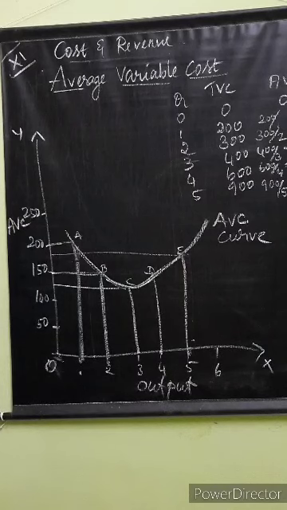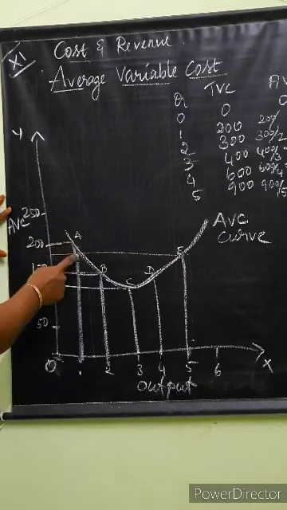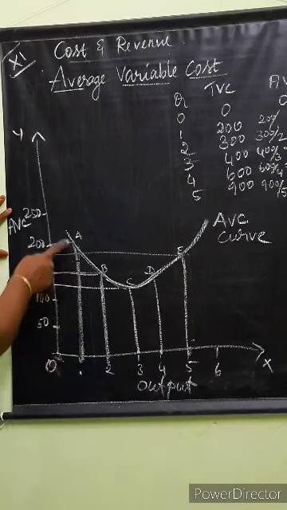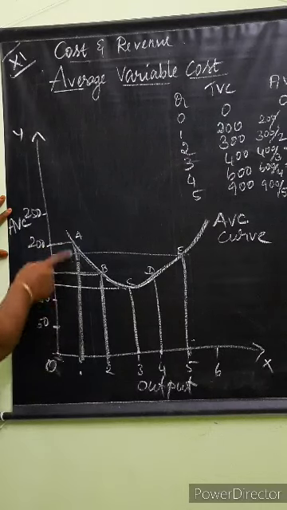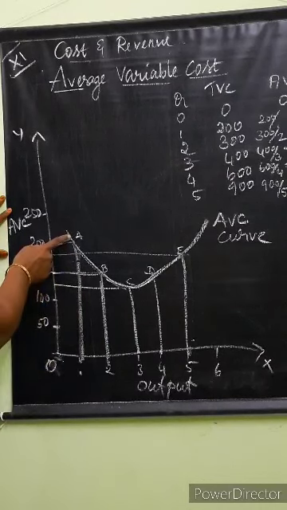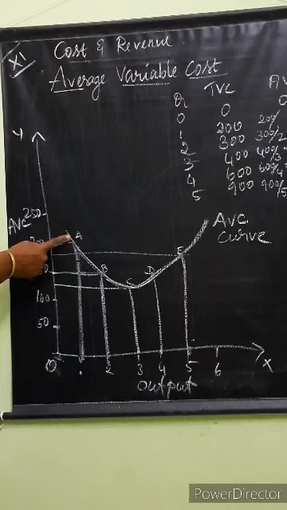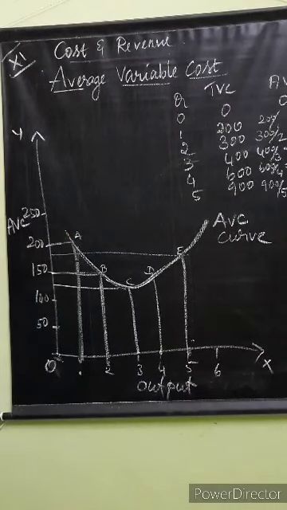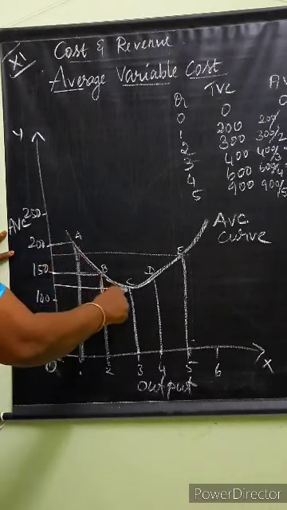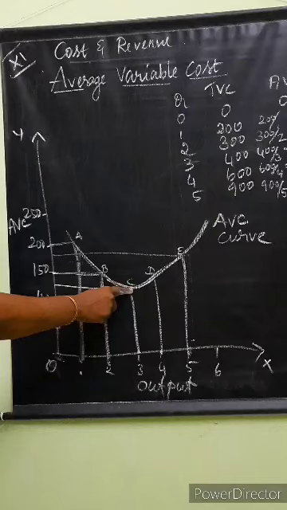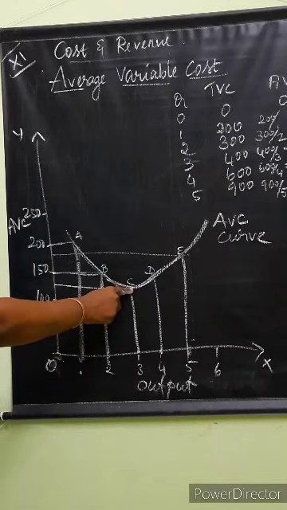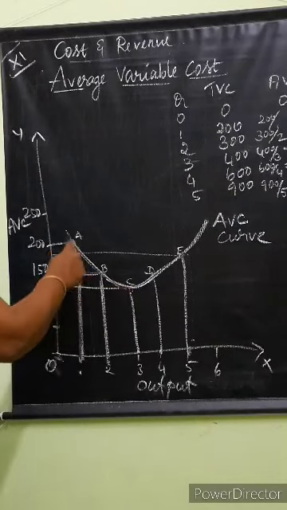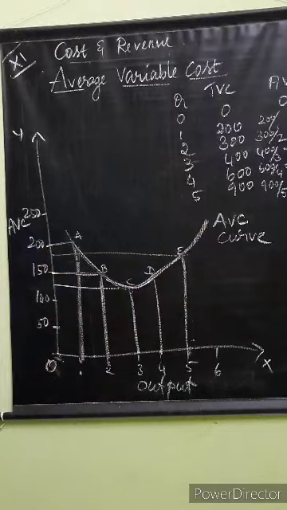The average variable cost, initially it is decreasing... initially it is 200, and then as output increases it declines to a point and moves upward steeply due to the law of returns, and it is a U-shaped curve.